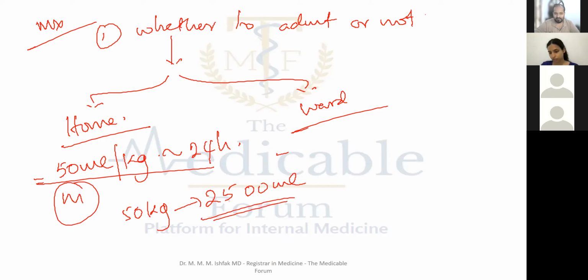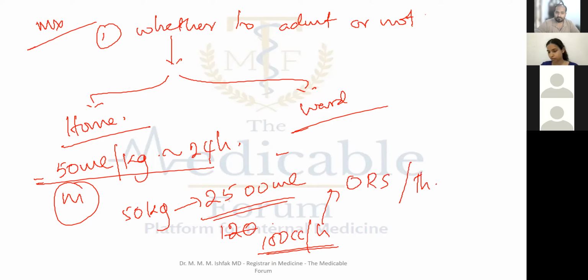So basically, roughly, we tell them to drink around 100 cc per hour of water. More than water, what is best is either ORS or Tambili. They are the best because they have electrolytes.